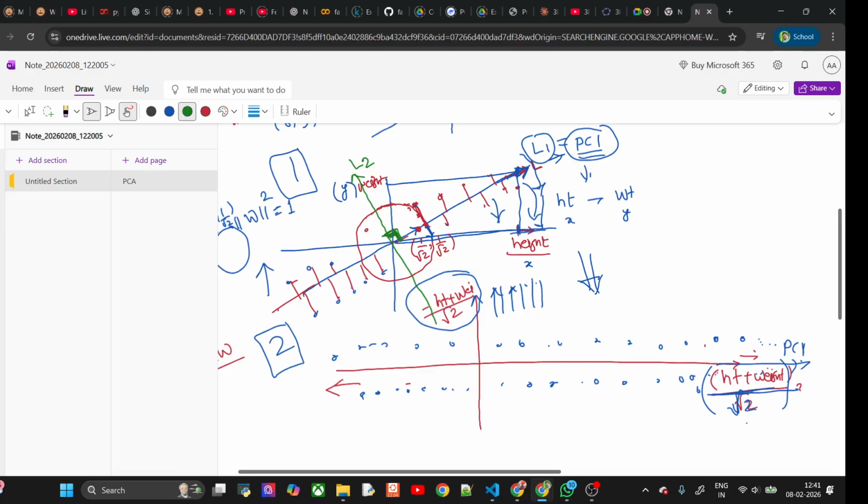So if I want to draw L2, this line will be in this direction, so I will get more information in this direction, but that is a different line. We know that the L1 line is giving more variance in this direction, and we call this line L1 or principal component 1. That gives more variance along this direction of the input.